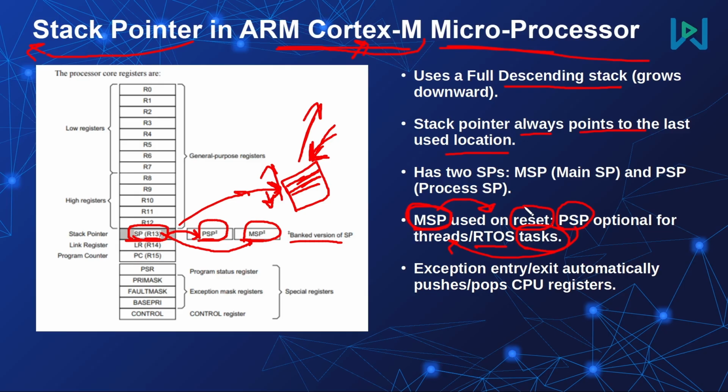However, if we run a multi-threaded operating system, then the main stack pointer will be mainly used for interrupts and exceptions. And for the different threads and tasks, we'll have the process stack pointer used.